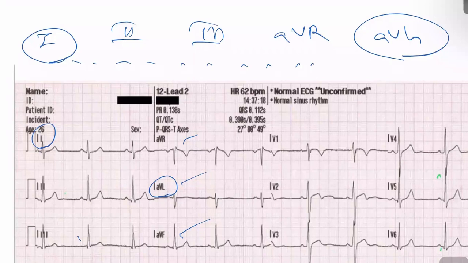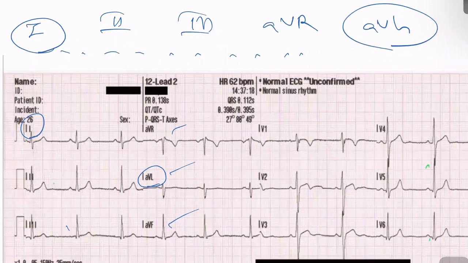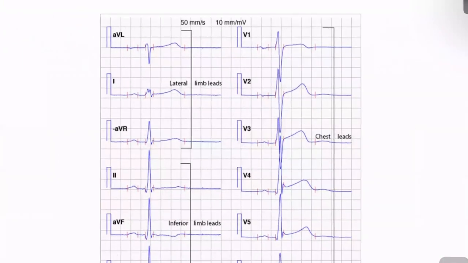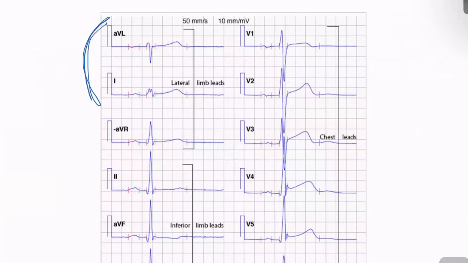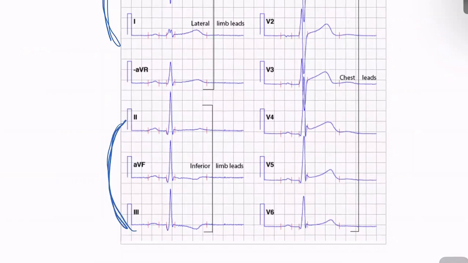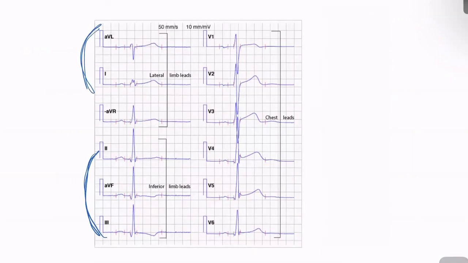So the Cabrera format is less frequently used, but it is also a good method to better visualize the consecutive leads together. In the Cabrera format, AVL and 1 are together, 2, AVF, 3 together, but V1 to V6 are in their own position. The chest leads are in their own position, but limb leads are rearranged for better visualization of consecutive leads. It is called the Cabrera format.